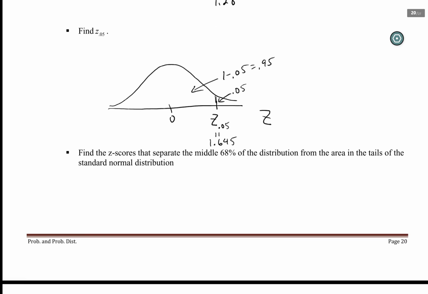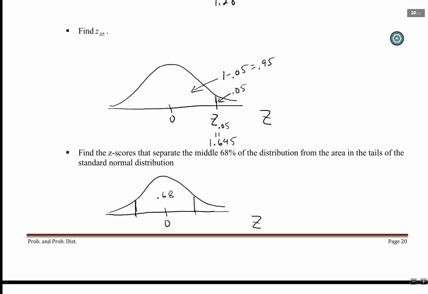Okay, another little problem here. Find the z-scores that separate the middle 68% of the distribution from the area in the tails of the standard normal. I've got the standard normal curve here, and this is a little bit different in that I've got two z-scores that chunk out the middle 68% of the bell curve. So in between these two z-scores, the area under the curve is 0.68.